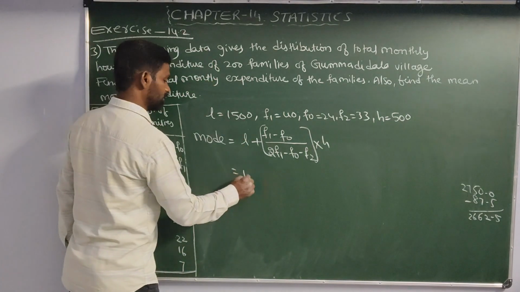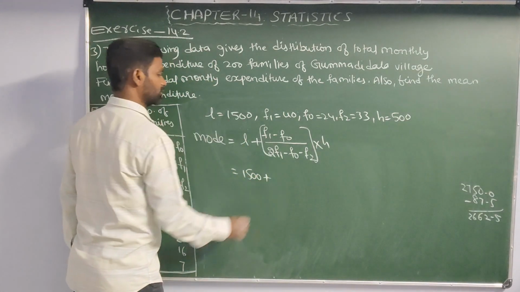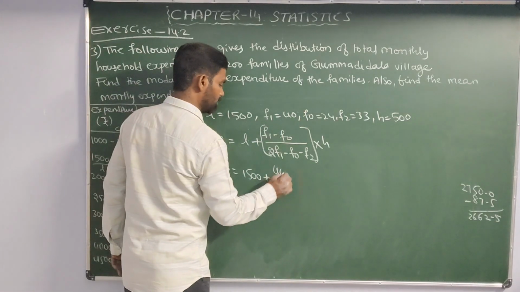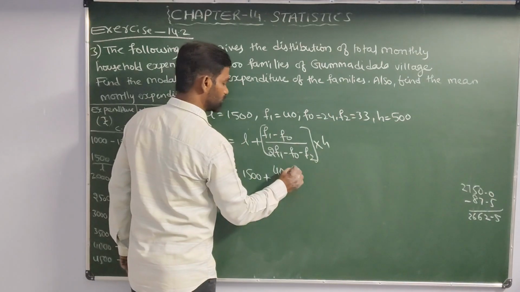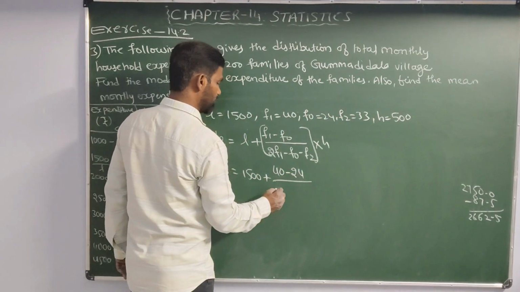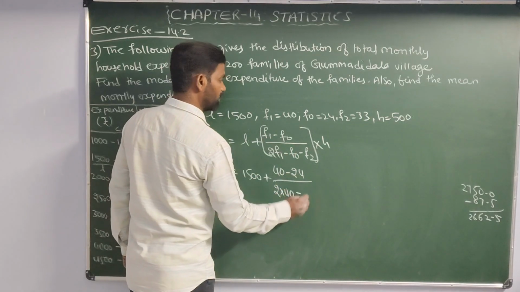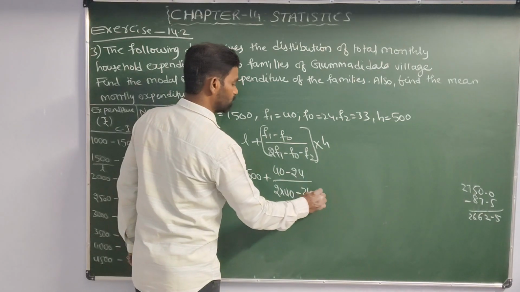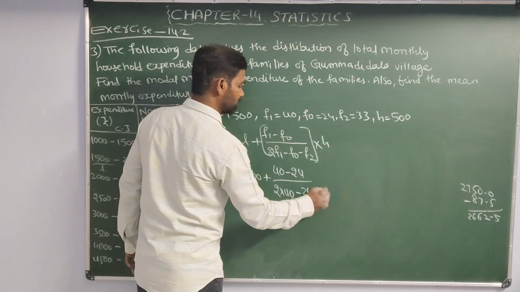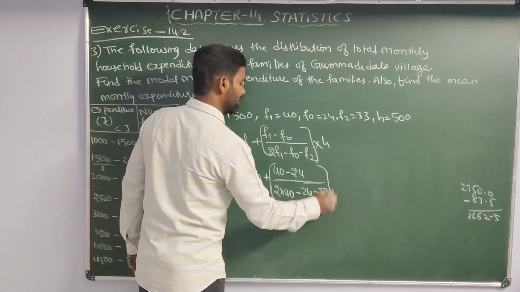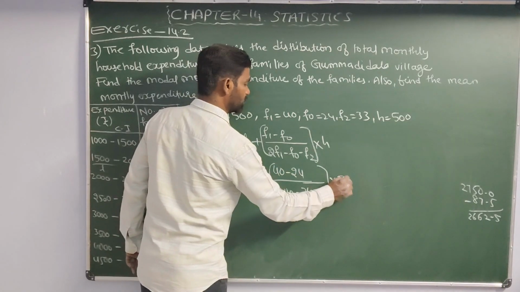That is equal to L, 1500 plus F1 40 minus F0 24, divided by 2 into F1 40 minus F0 24 minus F2 33, into H. H value is 500.